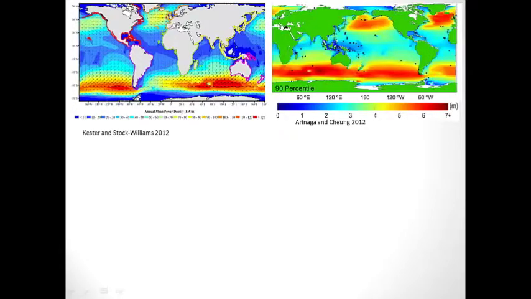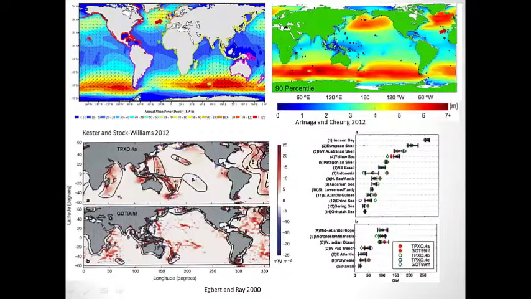So in general, if you look at the map of the global wave energy, you will see that the UK shelf seas are in a very unique and good position in terms of wave energy resource. And at the same time, you will see that it's also very good in terms of the tidal energy.